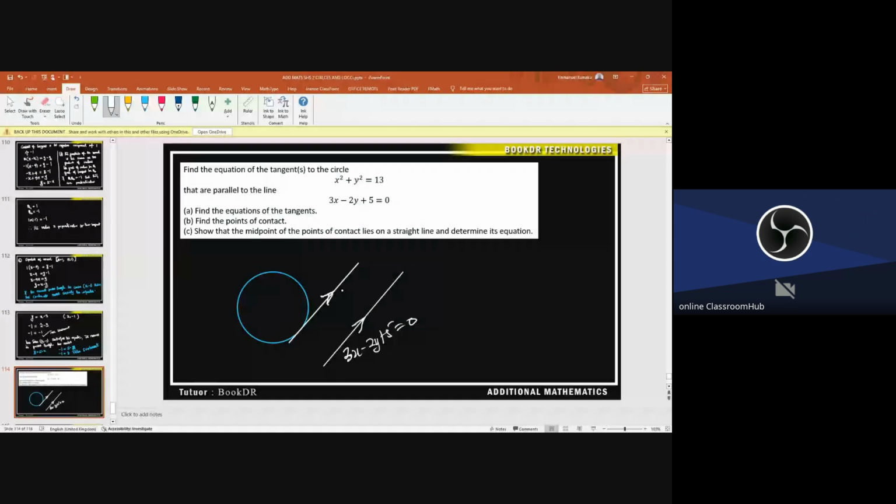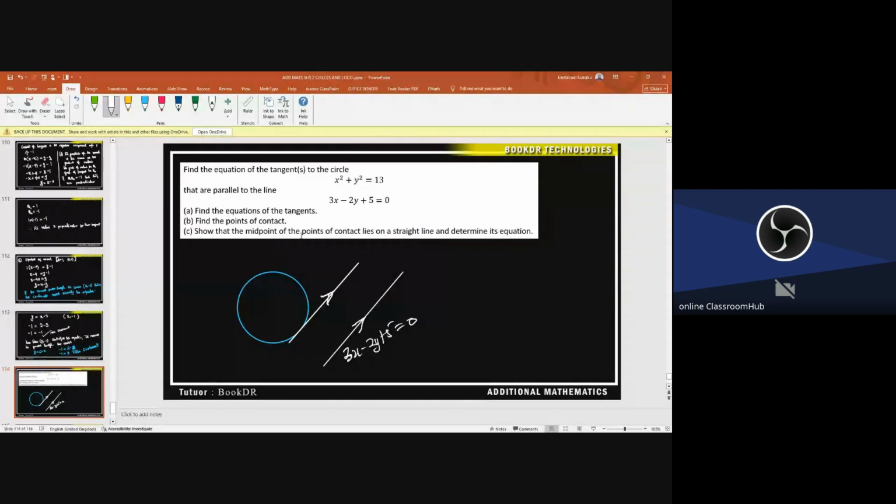Good. So this line is parallel to our tangent, but we don't know the equation of the tangent. We know the equation of the line that is parallel to it. Good. So now let's see how best we can find the equation of the tangent and then find the points of contact.